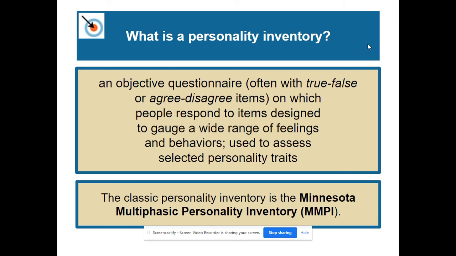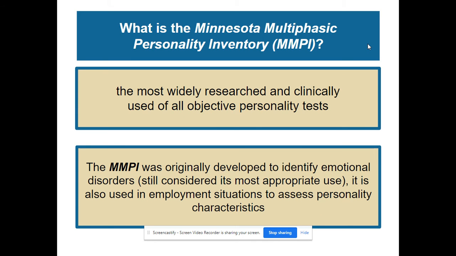The classic personality inventory is the MMPI, or the Minnesota Multiphasic Personality Inventory. The MMPI is used a lot of times in research and clinics, an objective personality assessment. There's no subjectivity where the tester is doing any kind of analysis. That's what objective means. You put down an answer and that's what it is. There's no analysis part of it.